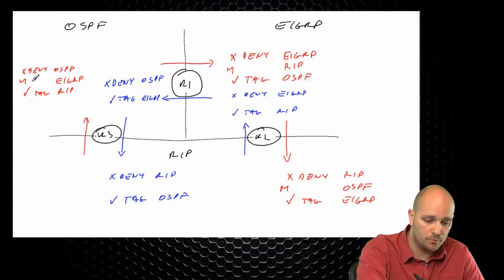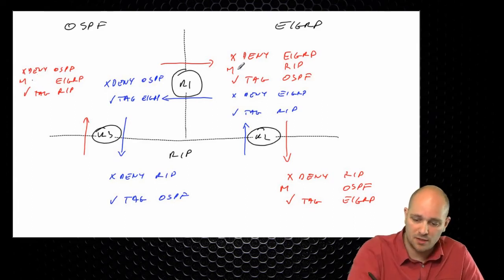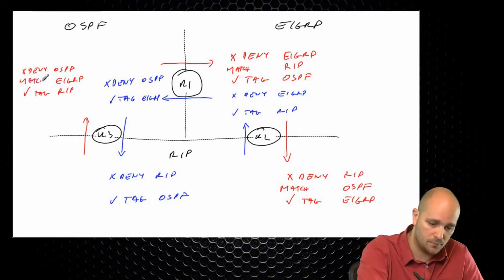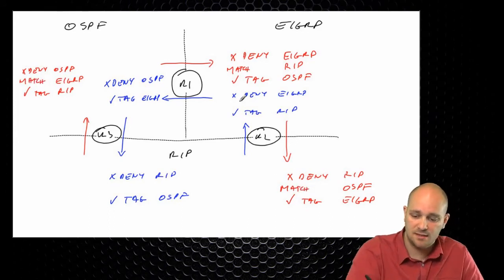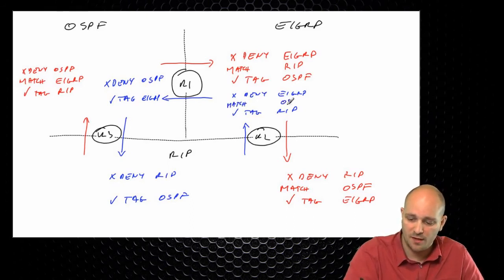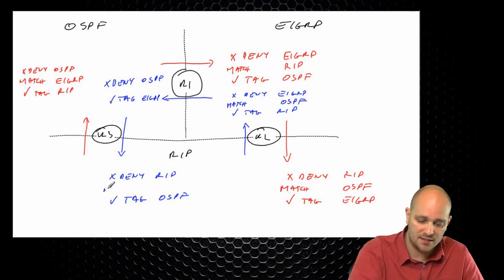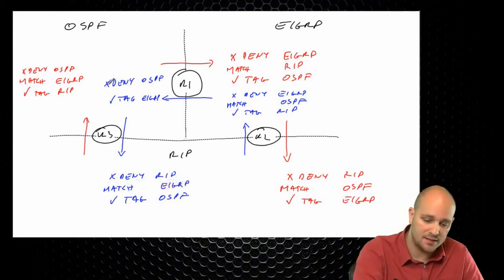And let me just add match. And in this case here, it will be OSPF. And in this case here, it will be EIGRP. And in this case here, it will be match RIP.